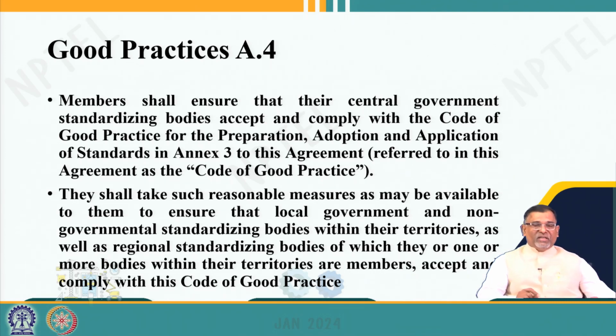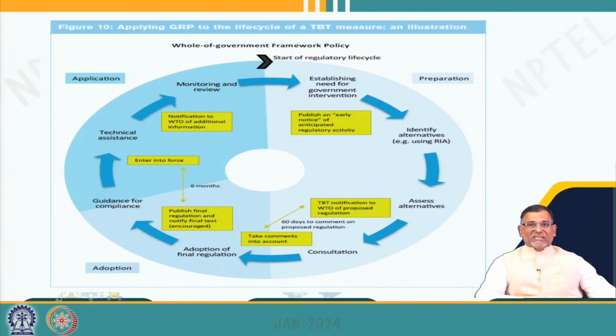Every central government must adopt a code of good practice, and they should implement it at the local government level as well, and the local bodies must also implement this. The standardizing bodies and domestic authorities play a very crucial role in making this code of good practice.